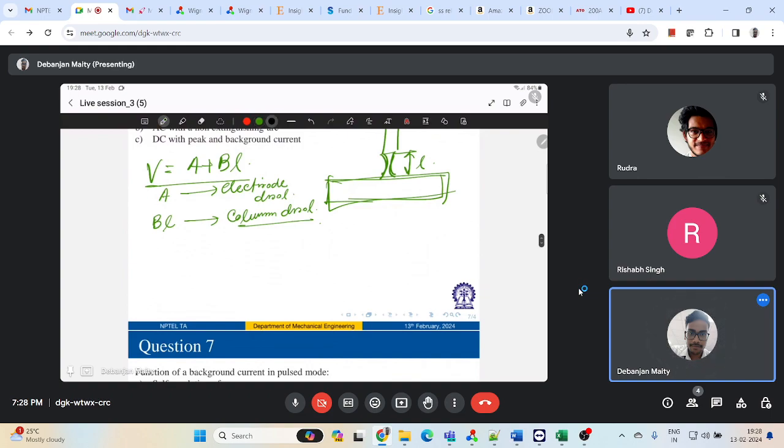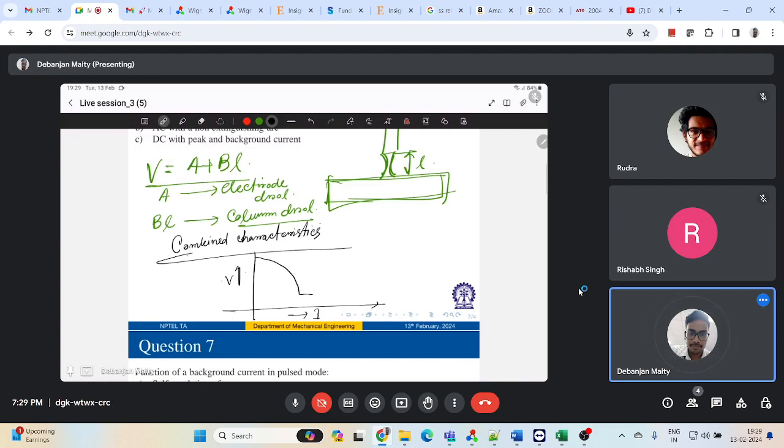So for the combined characteristics, if this is current, if this is voltage, this will be something like this.